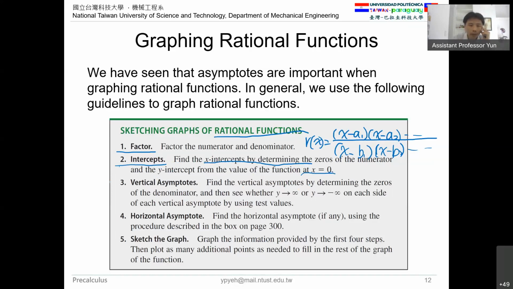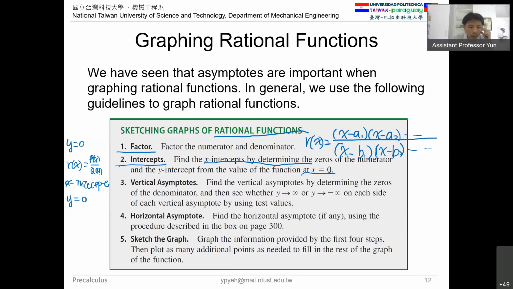Since r of x equals p of x divided by q of x, if we would like to find the x-intercept, we let y equal 0.